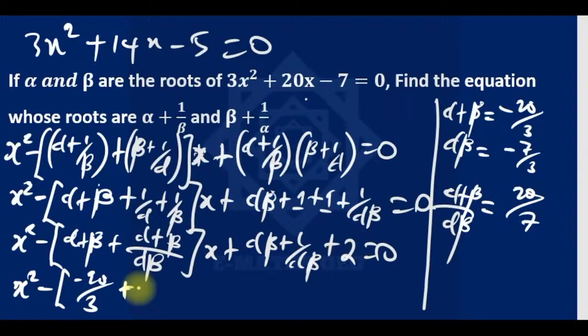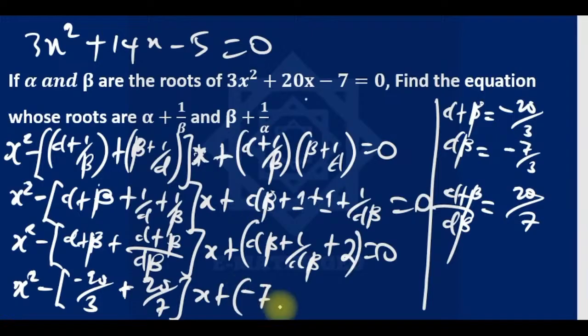So this is 20 over 7, plus alpha beta, which is minus 7 over 3. Why this plus that? If you reciprocate, it's now minus 3 over 7. Do you get? Just the reciprocal. Plus 2 equal to 0.